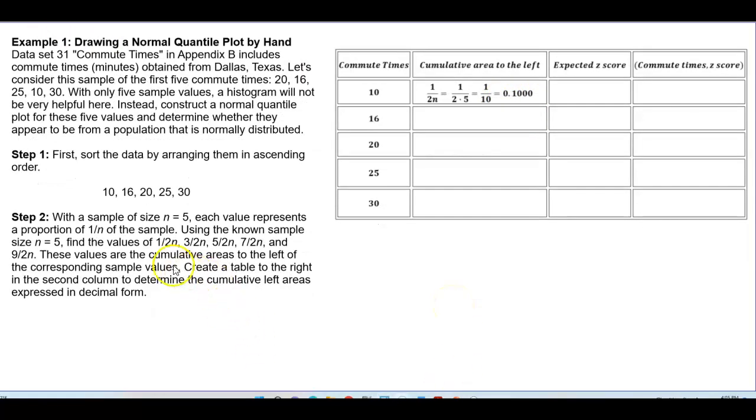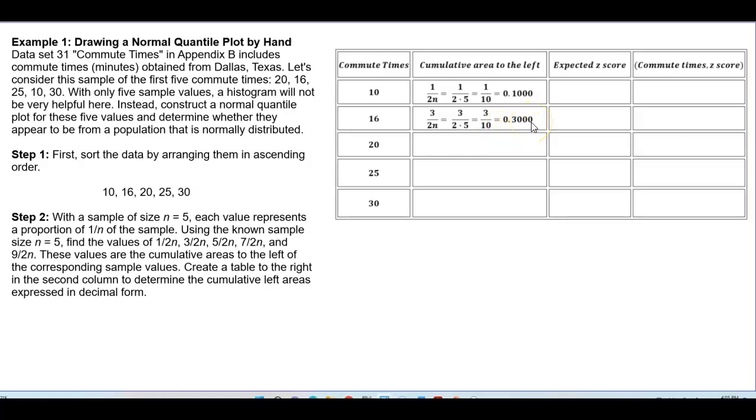Now the second value is going to be 3/2n. Again, we plug in 5 for n because we have 5 samples. So that's 3/2 times 5, which becomes 3/10.